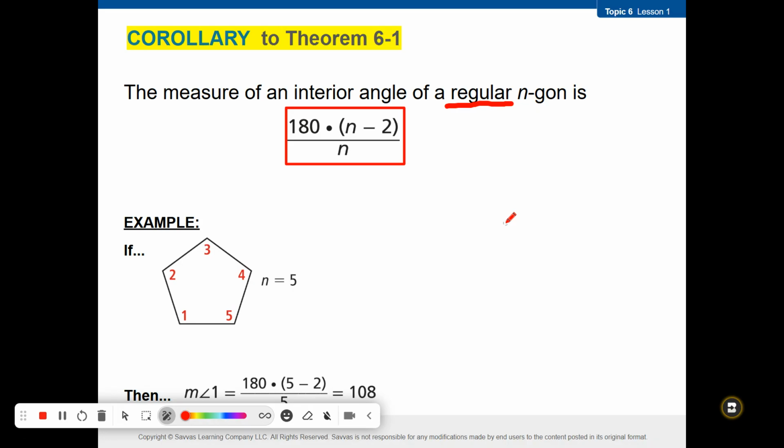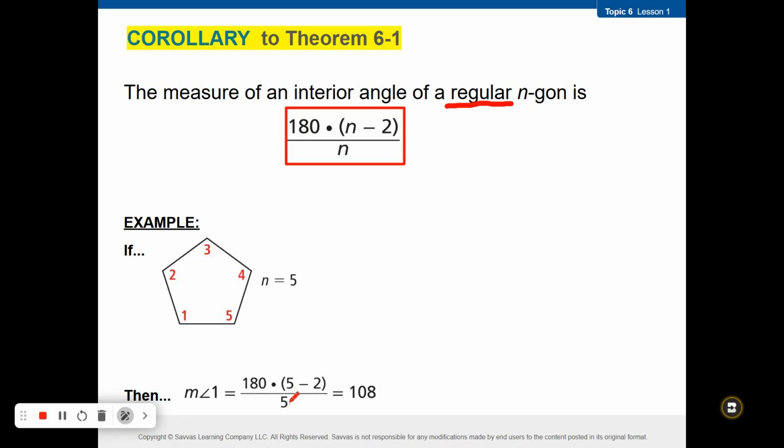Okay? Please. So if we took a look at this, this is a five-sided figure. What is a five-sided figure called? Yep. Pentagon. All right. So if that is the case, we are going to take 180 times 5 minus 2. That gives us the entire sum of the angles inside.